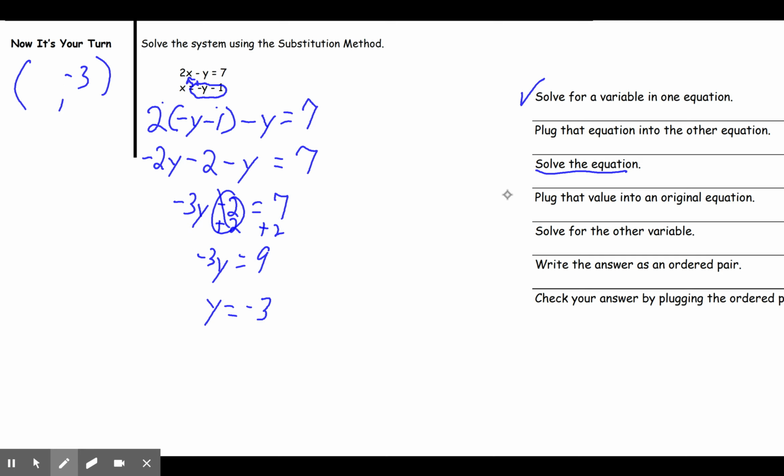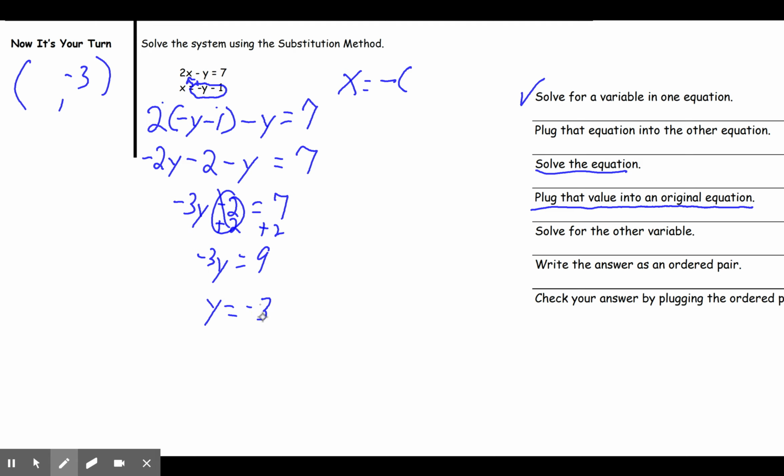All right, now we're going to take that value and plug that value into an original equation. Now, I like to choose the one that's easiest to solve, and that's what I'm going to do here. So I'm going to pick the bottom one, x is equal to negative y. Remember, you always put parentheses so you know what you're substituting in there.